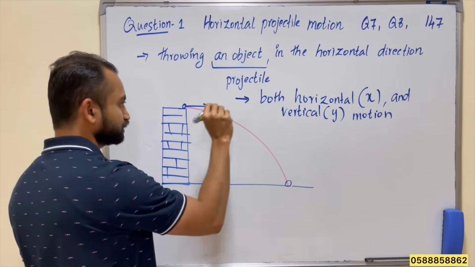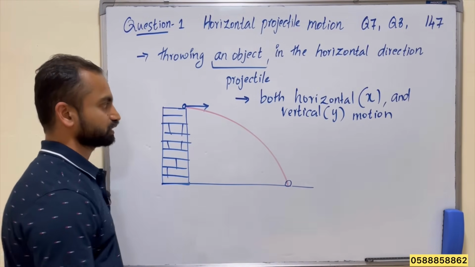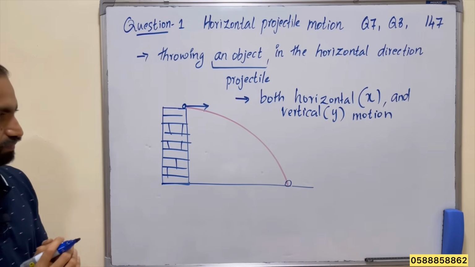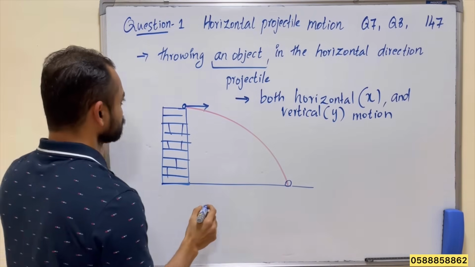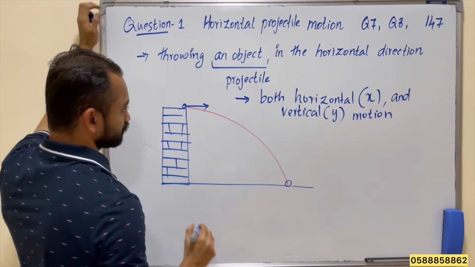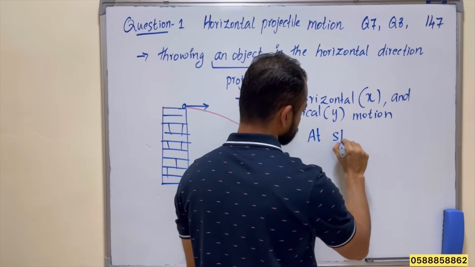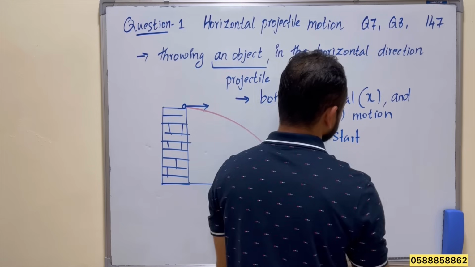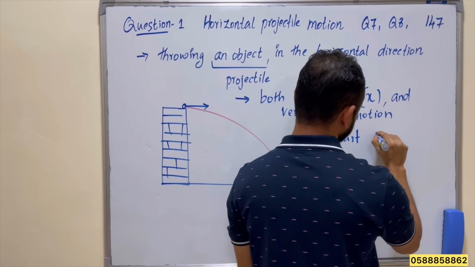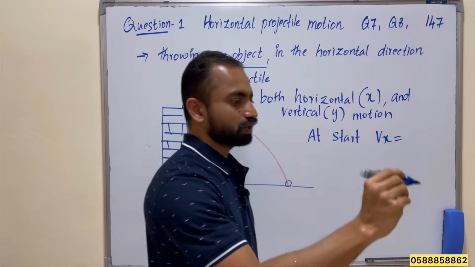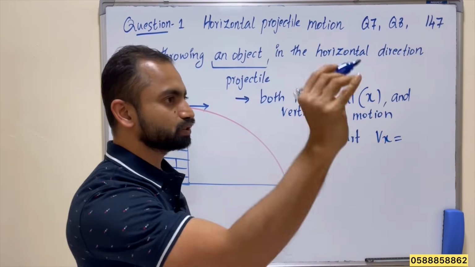So at the beginning you are throwing it in a horizontal direction. So at the beginning it has only horizontal velocity. Its vertical velocity is 0. So at the start, it has only Vx, that is equal to the velocity with which you are throwing.